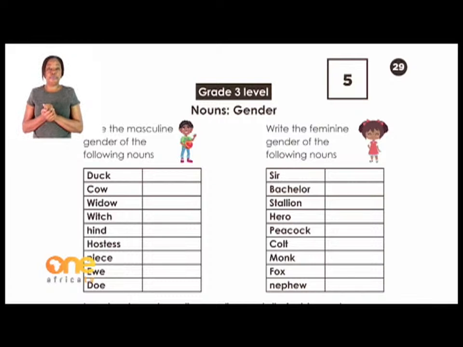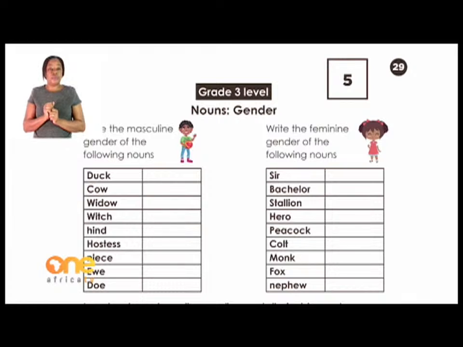Okay. So we are given 2 tables there with 2 columns. In the first table there, we are given the side of the masculine gender, and we have to find the feminine gender. All right. Okay, now let's try and find the answers.